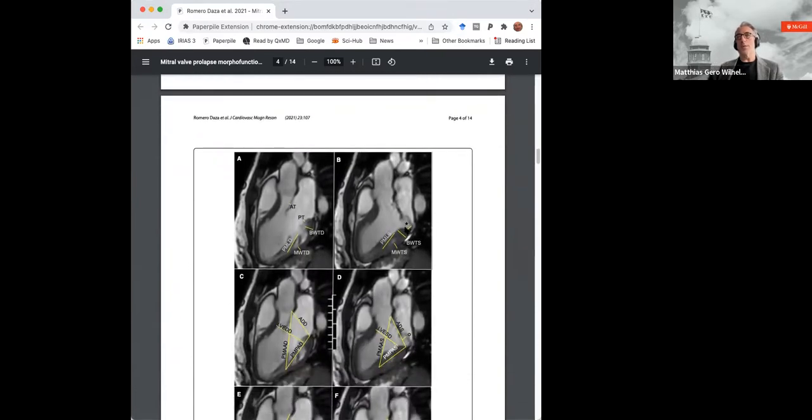Of course, that's what we typically see as mitral valve prolapse, but sometimes it may appear that some parts of the leaflets do that and others don't. And there is definitely an entity which I would call a partial mitral valve prolapse, whereas the typical prolapse would then affect both.